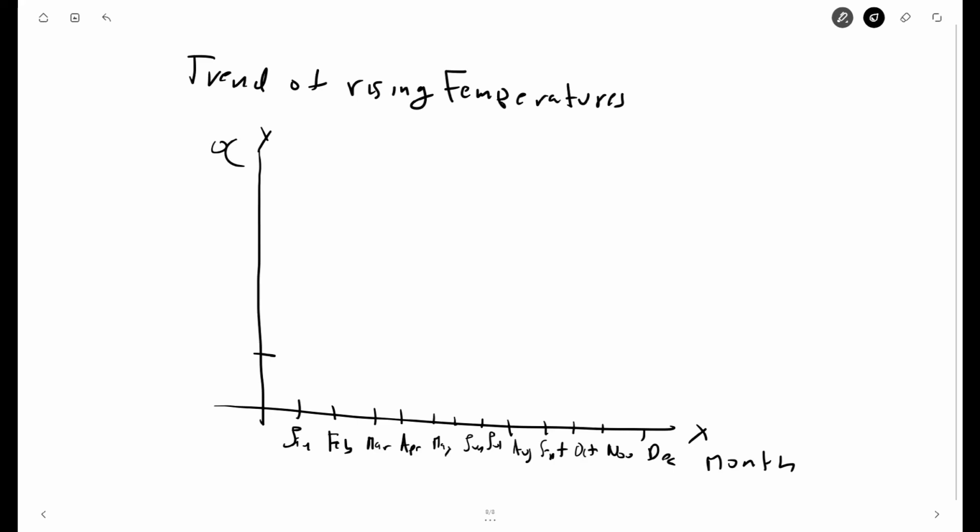And here on the Y we're going to have 5 degrees Celsius, 10 degrees Celsius, 15 degrees Celsius, and 20 degrees Celsius. So for January we're going to have 5.